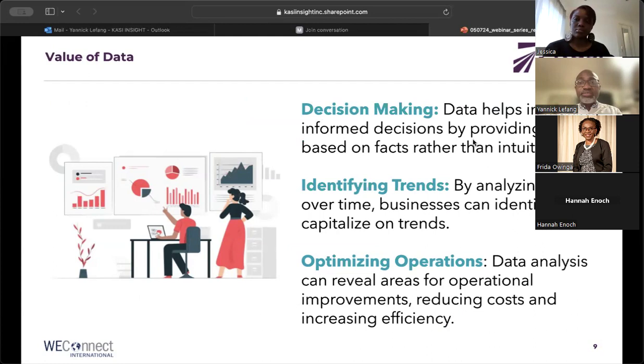The second thing is you want to identify trends, right? By analyzing data over time, you can identify trends and capitalize on them. Like I said, if you find that your sales this year have been driven by a low-margin product because people can afford it, that's very, very important information leading up to next year.